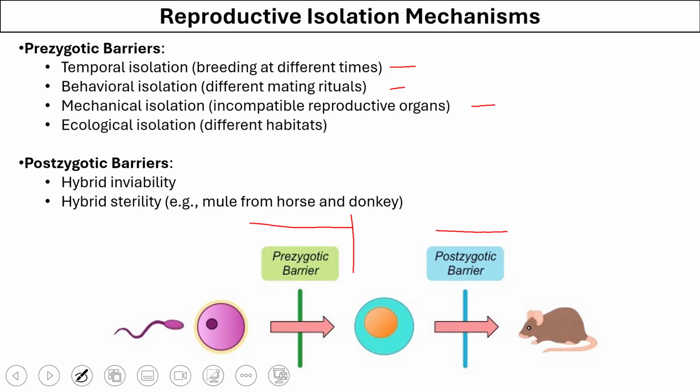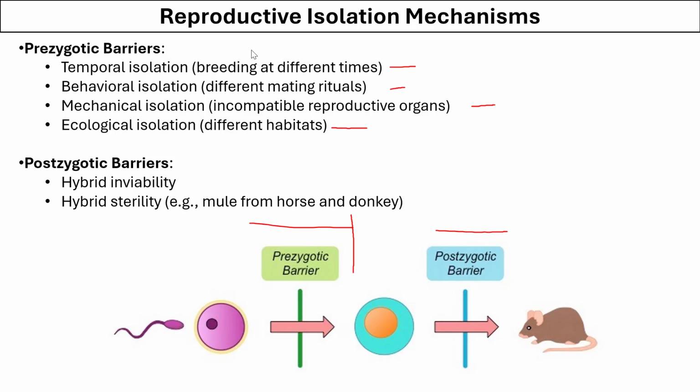One organism is too big and the other is too small, they cannot mate with each other, and they may have different ecological behavior. For example, they would want to live in different habitats. One wants to live on top of the tree, the other wants to live in water. Now they do not have the opportunity to come close to each other, so they will never be able to mate or fertilize their sperm and ovum.